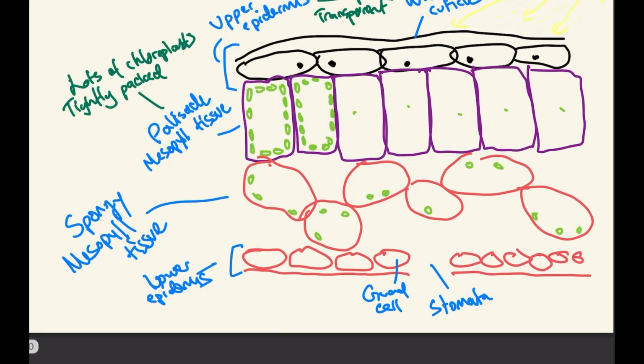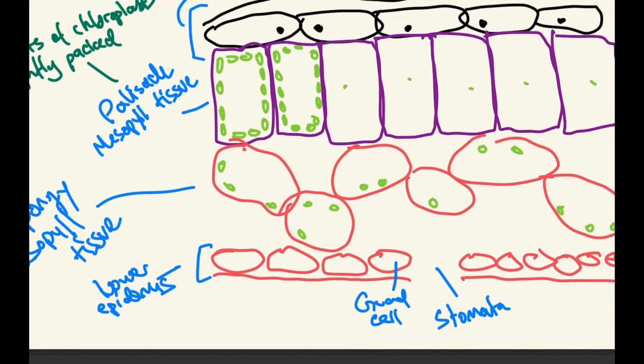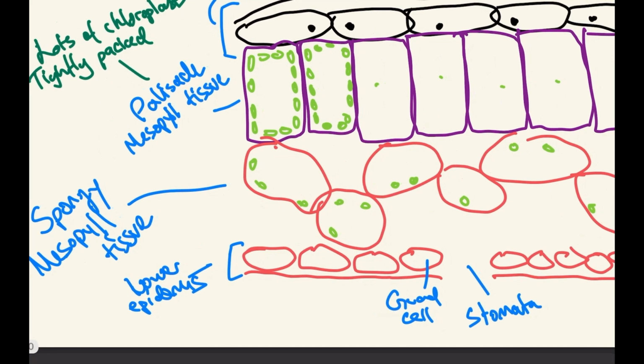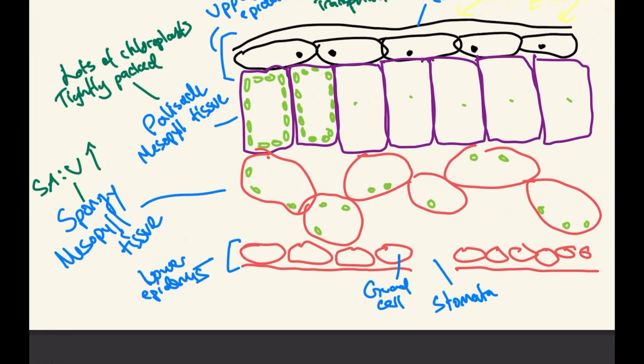Now, as you go down, we have the spongy mesophyll tissue, which, as we said, contains the internal air spaces. And what this does is it increases the surface area to volume ratio. Surface area to volume ratio goes up in here. And why you would need that, we can get into later.